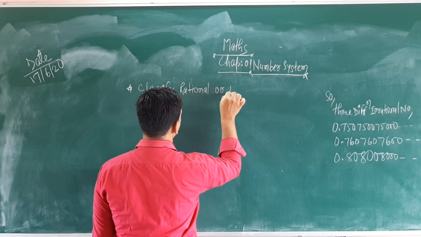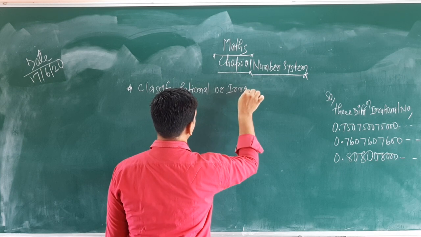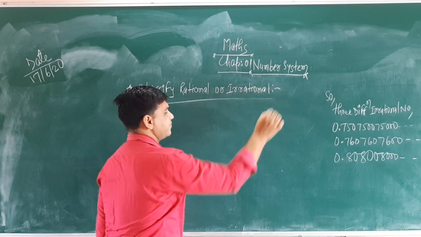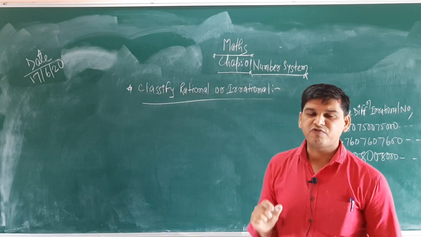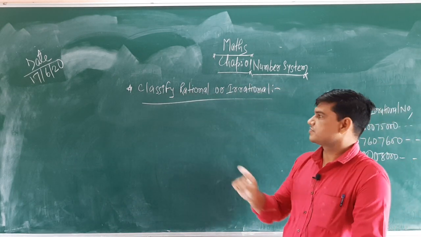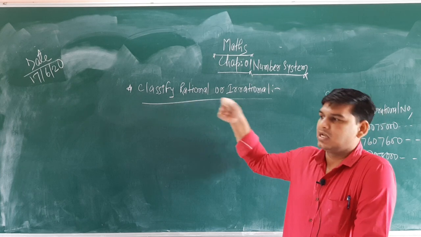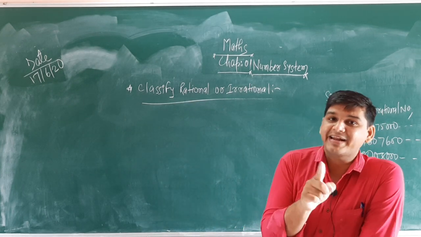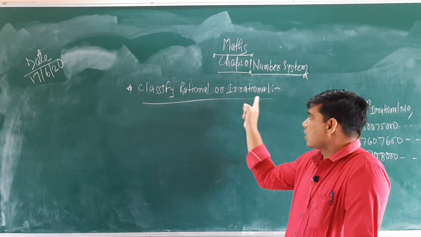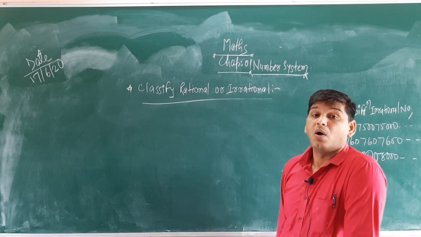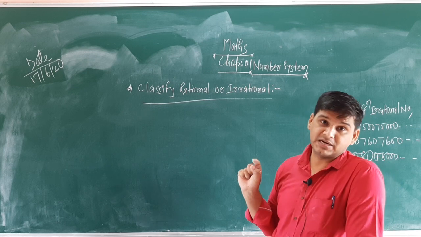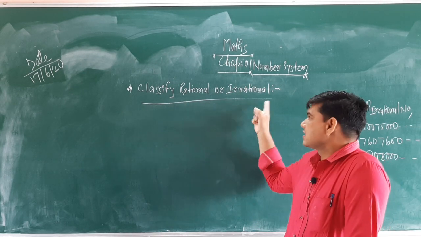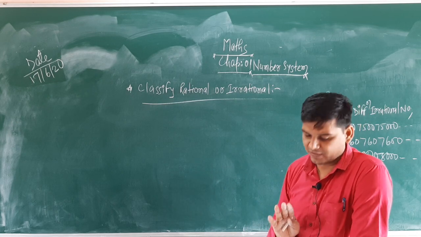Always remember that a number which is available in the form of numerator and denominator is always a rational number, and a number under a square root for which we do not get a perfect square is always irrational. Or a terminating decimal number is called rational, and a non-terminating decimal is called an irrational number. You have to remember that.